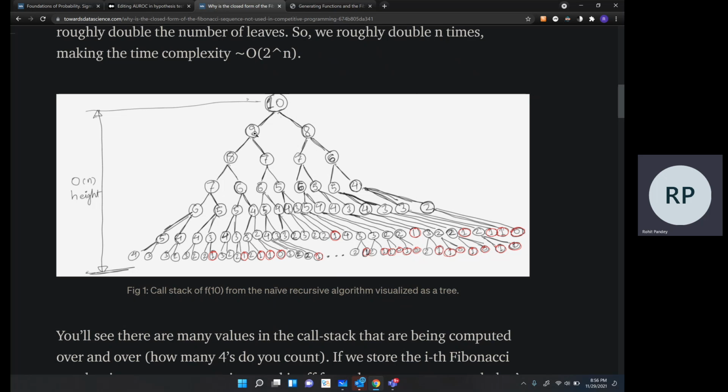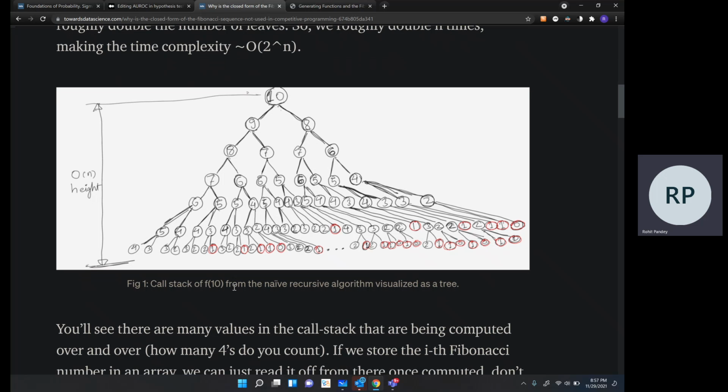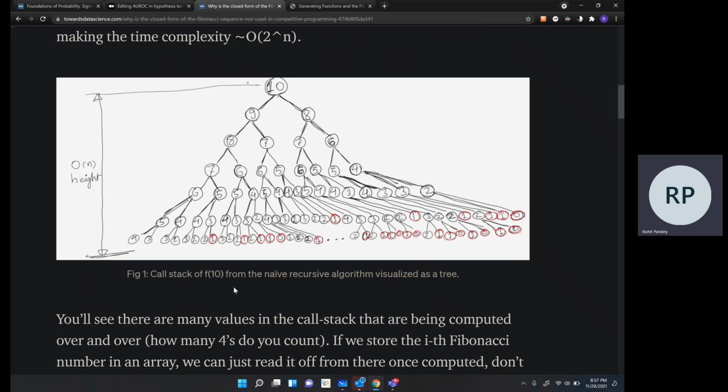And each time this tree branches, it doubles the number of leaves, and there are n branchings, so it's roughly 2 to the power n. In reality, it's more like 1.6 to the power n, in terms of big O notation. But it's exponential, and that's the point. And we don't like exponential. It'll become very inefficient very fast.